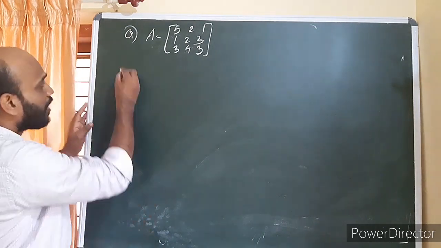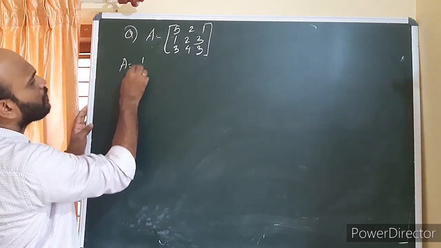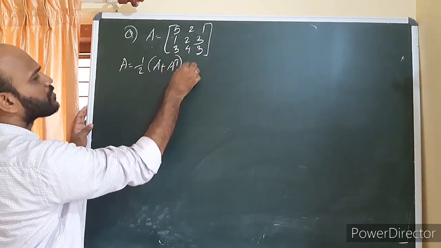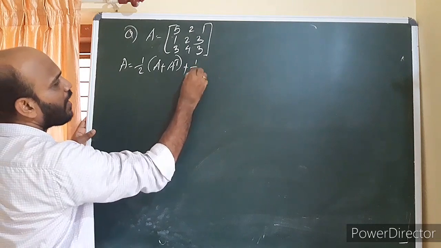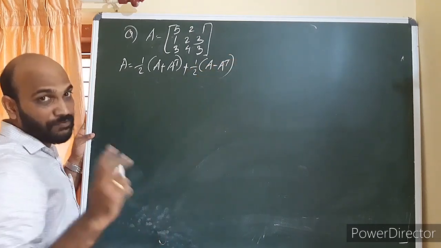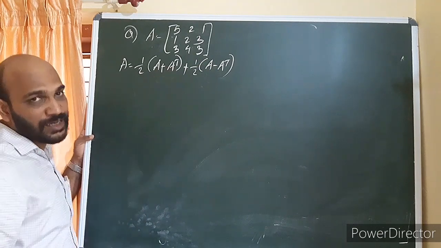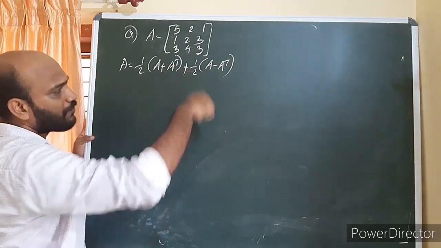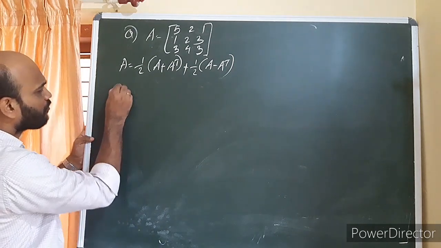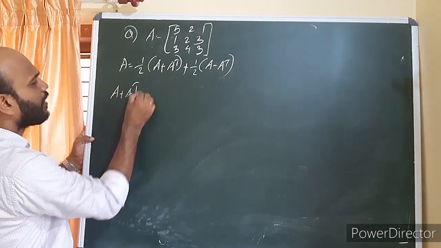For that, you have to use the formula A equal to half into (A plus A transpose) plus half into (A minus A transpose). We know that half into (A plus A transpose) is symmetric and half into (A minus A transpose) is skew symmetric. So first we have to find A plus A transpose.